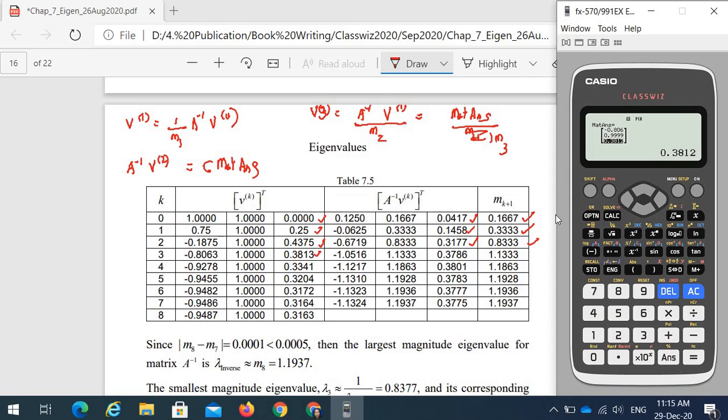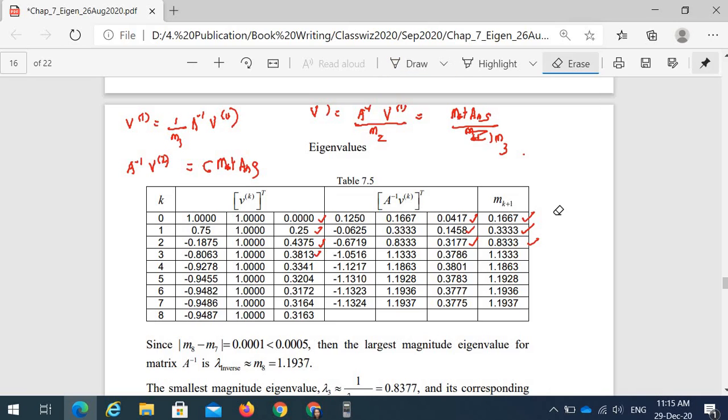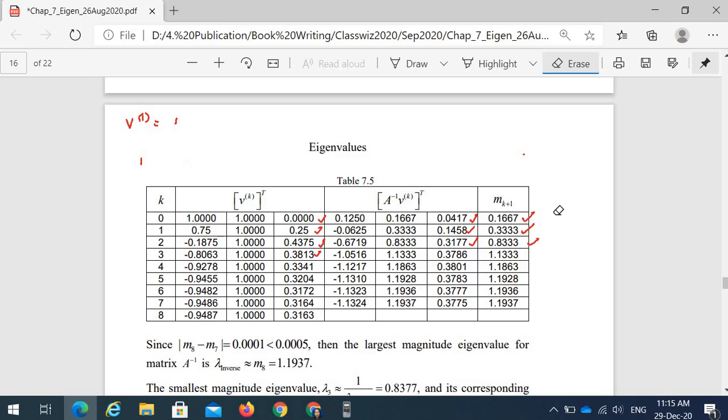So to get the A inverse Vk, we can erase some in general so that you won't get confused. A inverse Vk, you use C times your max answer.